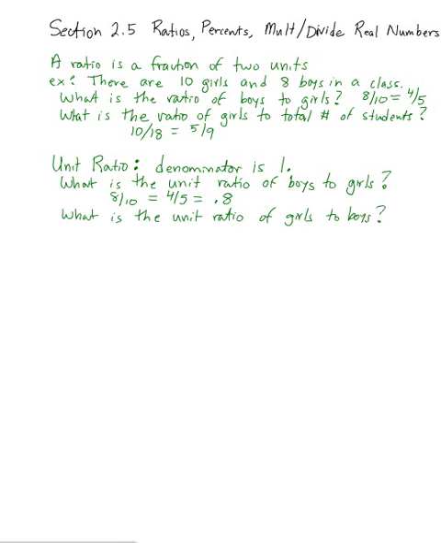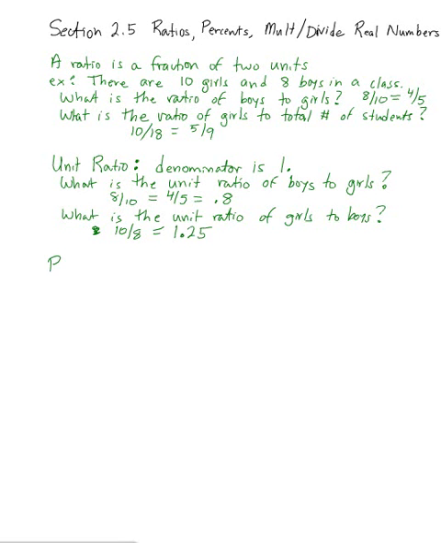This time I would have 10 over 8, right? Because there are 10 girls, 8 boys. I could grab my calculator, just type in 10 over 8, and I get 1.25. So once again, we do get a decimal, but we get a decimal bigger than 1. That's okay.